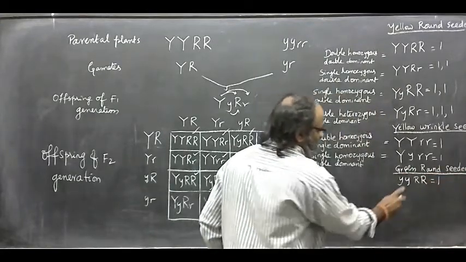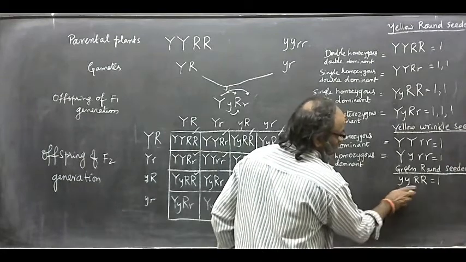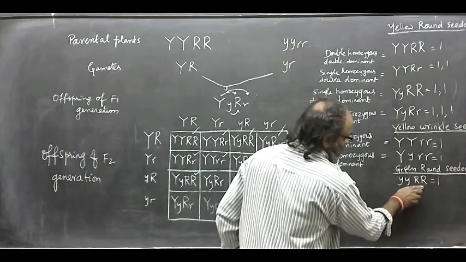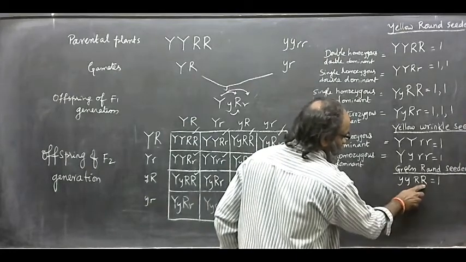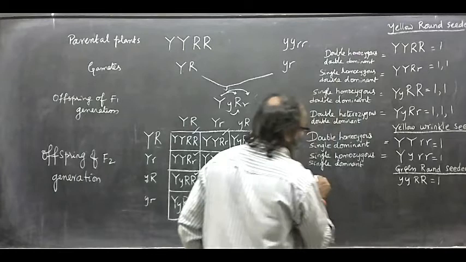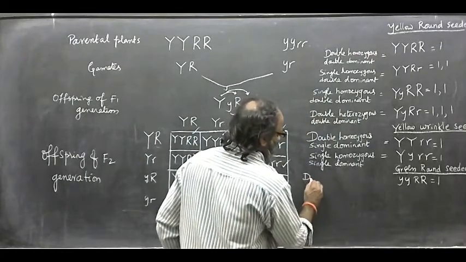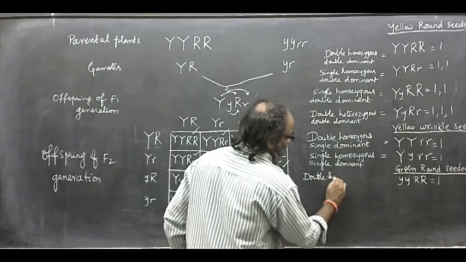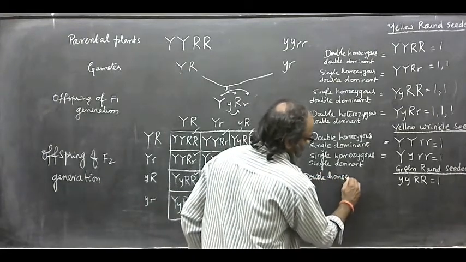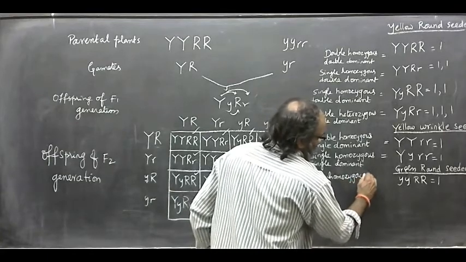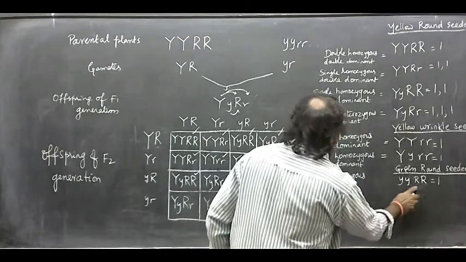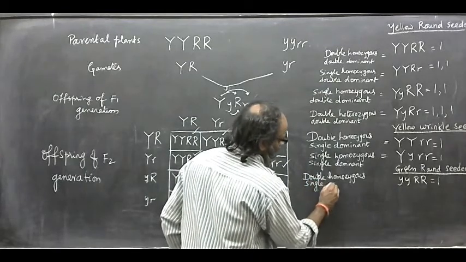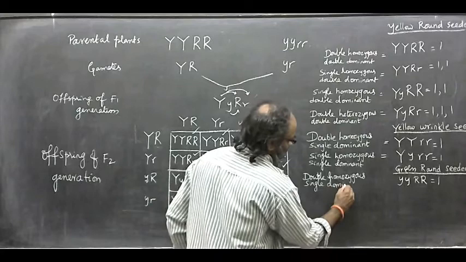In this case, it is double homozygous, and one is dominant. This is recessive, this is the dominant. Therefore, it is double homozygous, single dominant.